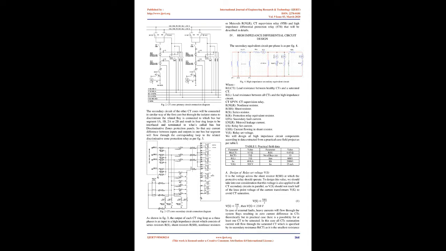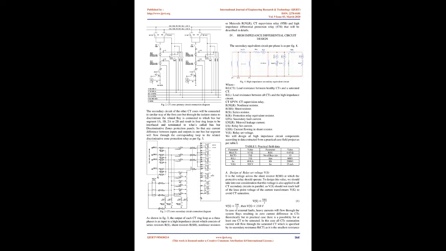So that any current difference between inputs and outputs in one busbar segment will flow through the corresponding loop to the related discriminative zone protection relay as per Figure 3. Or Metrosils R_NLR, CT supervision relay, 95B, and high impedance differential protection relay, 87B, that will be described in details.